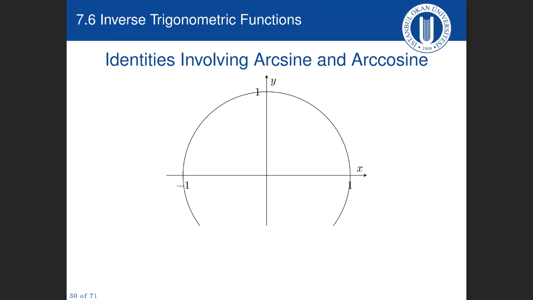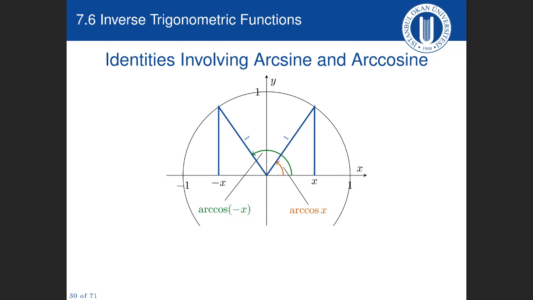I want to talk about some identities which involve arcsine and arccosine. Have a look at these two triangles. Let's imagine that the bottoms are connected. This angle just here is arccos x, and this green angle is arccos minus x.